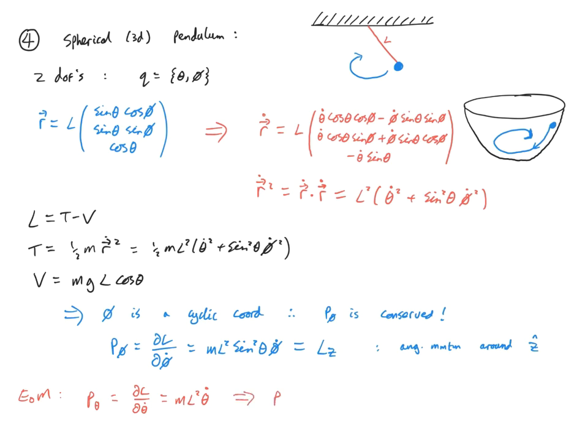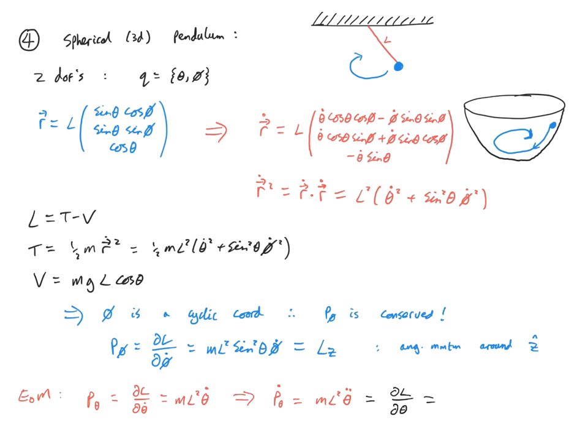I can calculate, therefore, p theta dot, the time derivative of that, ml squared theta double dot. And from the Euler-Lagrange equation of motion, we know that that quantity should be equal to partial dL by d theta.